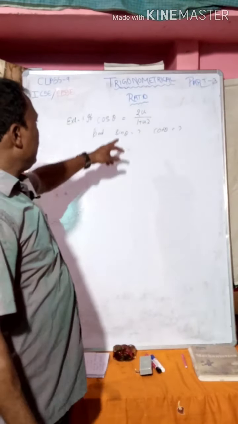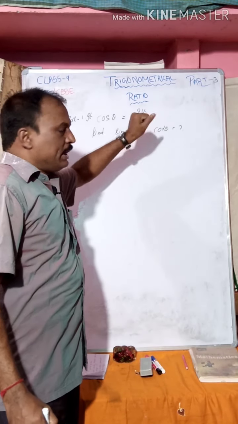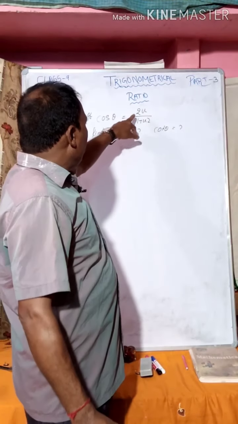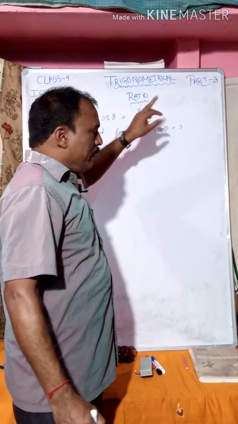Now look, cos theta is equal to 2x by 1 plus x square. It is the ratio of cos theta.